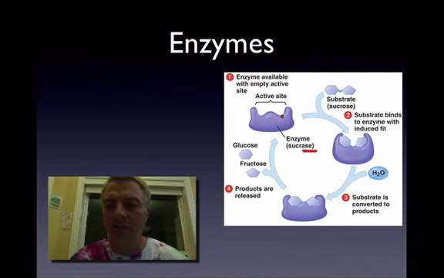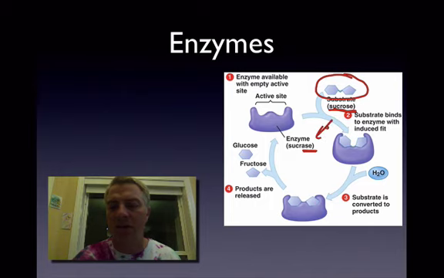They have this active site, and if you think about a lock and key, this would be like a lock. So here's the substrate. For this particular enzyme, the substrate is sucrose. So sucrose is the substrate for the enzyme sucrase. They go hand in hand, the substrate and the enzyme. What happens is the substrate comes in here and binds to that enzyme, and it causes an induced fit.